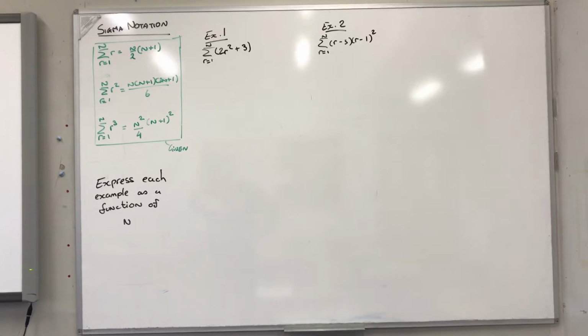But what we can now do is express each of these as functions of n, having been given more complicated formulas. So let's start with the first one, using the things that we know about all the sum formulas initially.